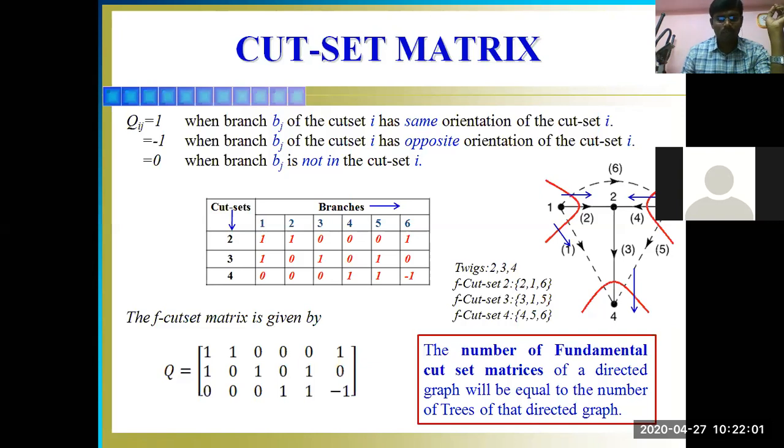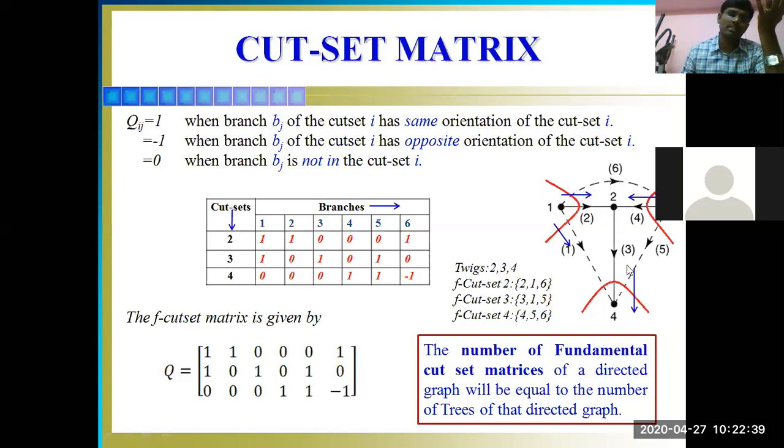So if you remove this cut set, the matrix should be like this. Here also the number of fundamental cut set matrices of a directed graph will be equal to the number of trees of that directed graph. You can get so many possible trees for a graph. If you change the tree of a graph, you can get a different matrix.